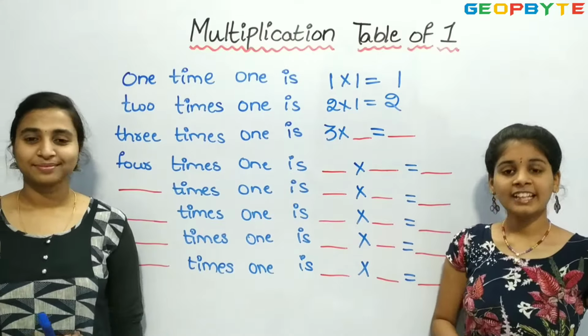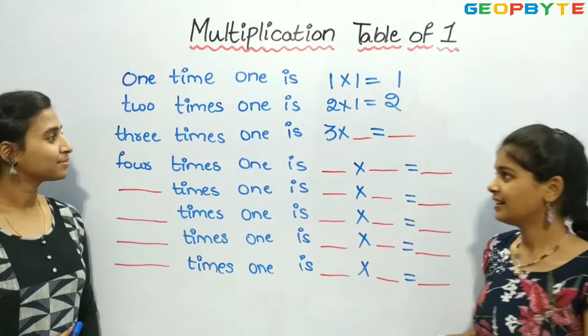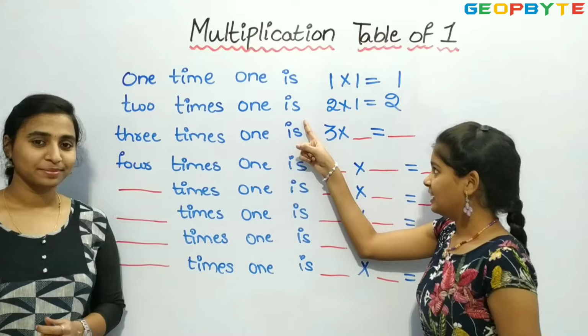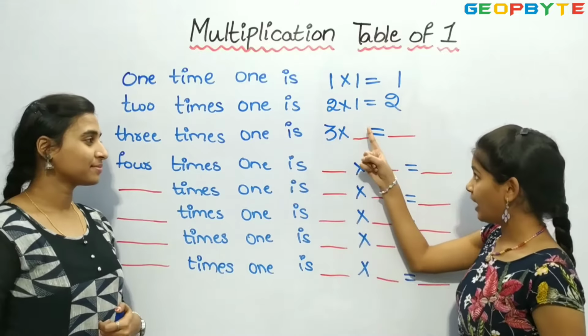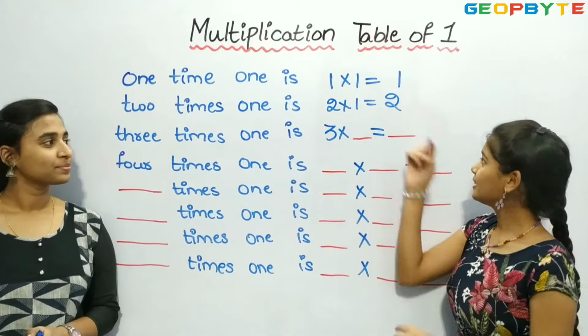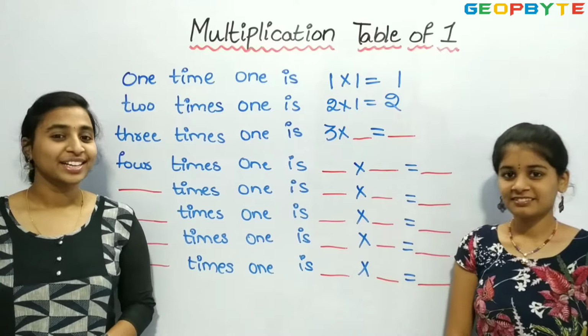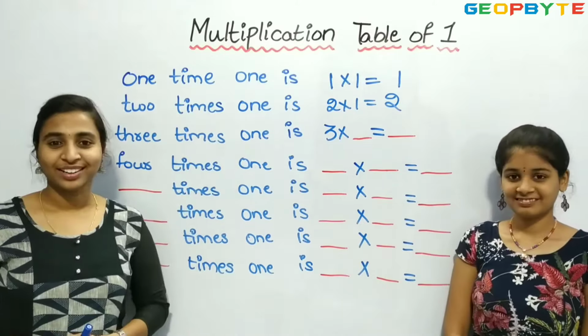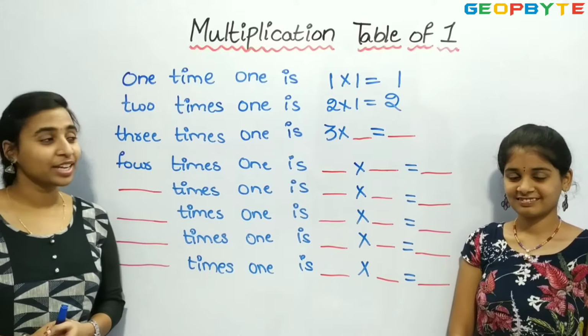Now let us see the second example. 2 times 1 is 2 into 1 gives us 2. Yes, children, it is 2 times 1, right? Times is multiplication.